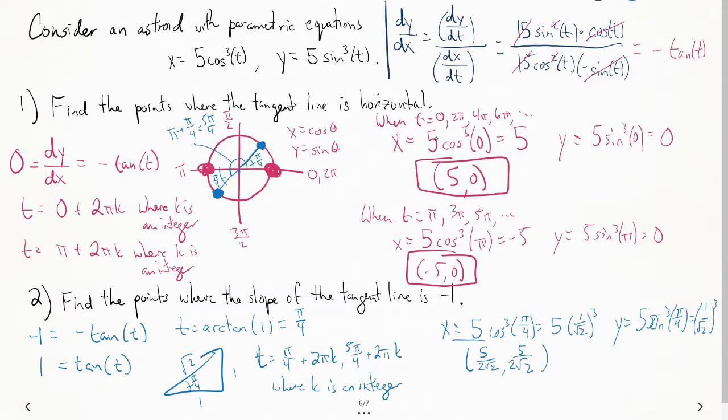So that's 1 point, and this is when t equals pi over 4. Also, though, any multiple of 2 pi k added to that will also work. So when t equals 5 pi over 4, what happens? Well, you can plug it in, and what you'll get is just a negative version of each of those. So you'll get negative 5 over 2 root 2 and negative 5 over 2 root 2.